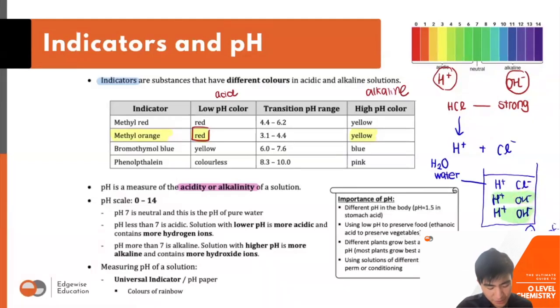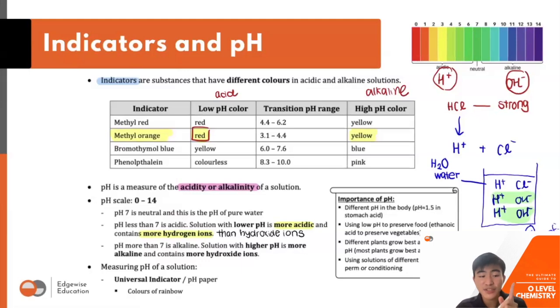Okay, so the definition goes like this. For pH less than 7, a solution with lower pH is more acidic. The key word is there are more hydrogen ions than hydroxide ions. Maybe you want to fill in these ions.